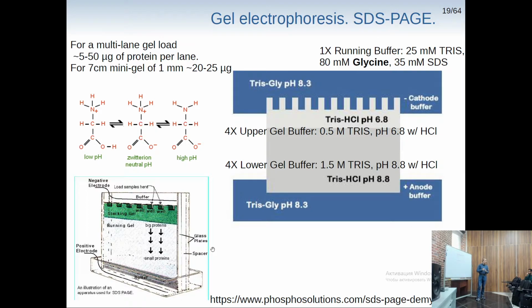What we want is to be able to slowly fill all the wells and focus all the proteins into as thin a line as possible. If we can compress all the protein into a thin band, then one protein will give only one band. If you have multiple proteins, it's even worse, they will be covering one another. But if we can somehow compress them, we'll be able to resolve them easily.